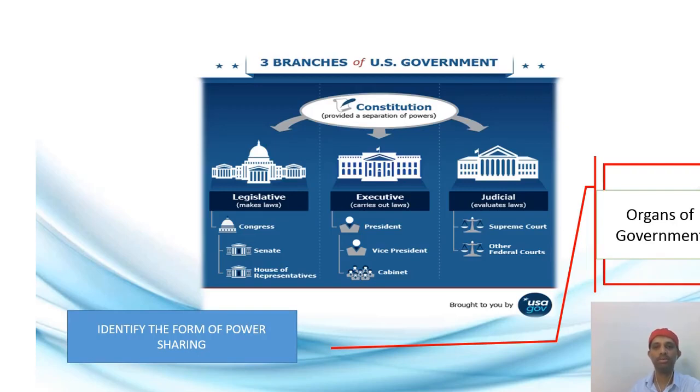We have the executive, which carries out laws, and there is a judiciary which evaluates laws. So, from this picture, what we understand is that power is shared among various organs of government, that is, legislature, executive, and judiciary. In most of the democracies, we have this system of power sharing, where power is shared between three organs of government: legislature, executive, and judiciary. This is one of the forms of power sharing.